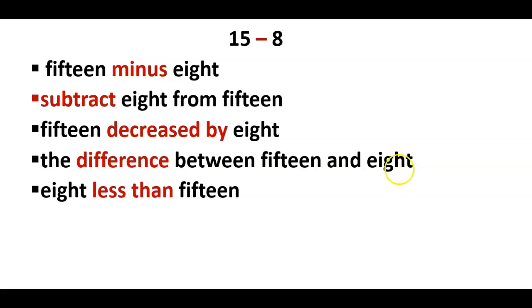I don't think so, because subtraction is not commutative. So whatever the arrangement of the numbers, we follow it. 15 is the first number and the second number is 8, so we have the difference between 15 and 8.